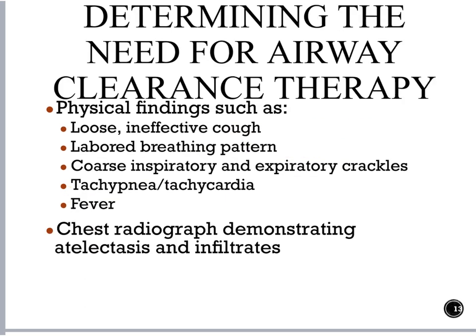Okay, so we went over that little case scenario a few slides ago. So these are going to help you determine whether your patient needs airway clearance therapy. So physical findings. And these are for both acute and chronic patients.